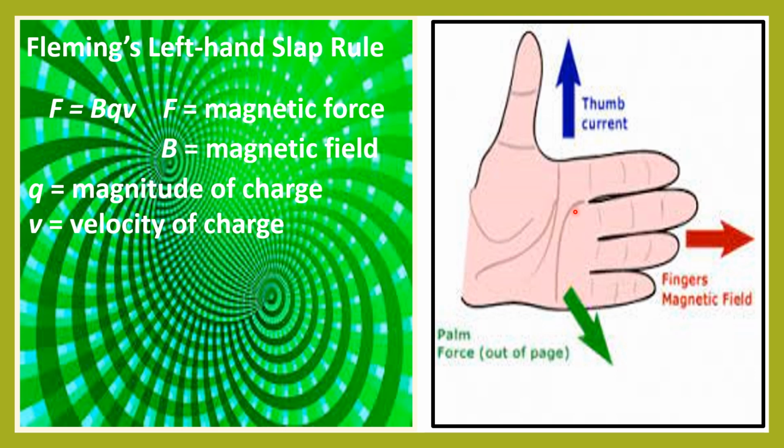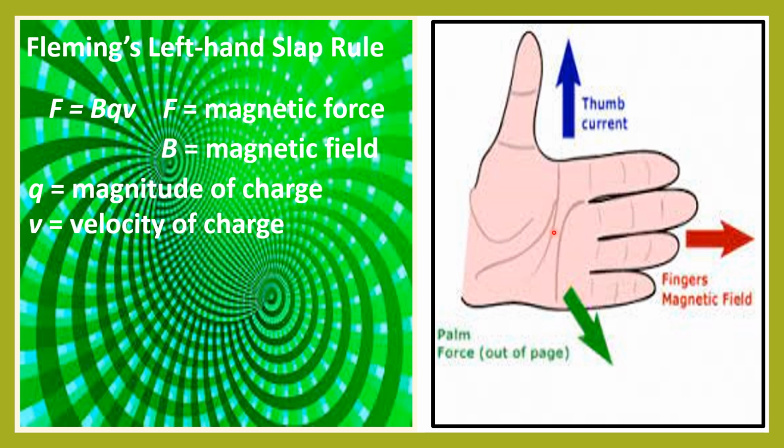The four fingers extended represent the direction of the external magnetic field. And the magnetic force F is represented by the palm.